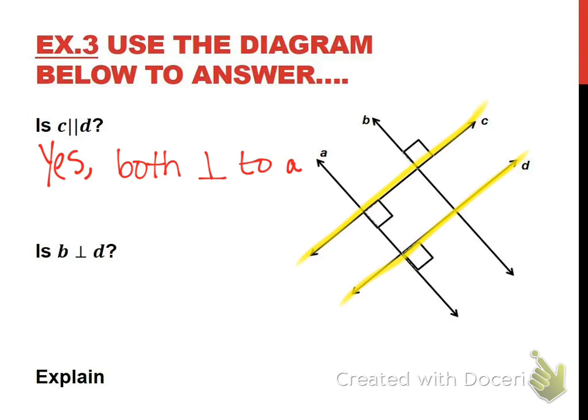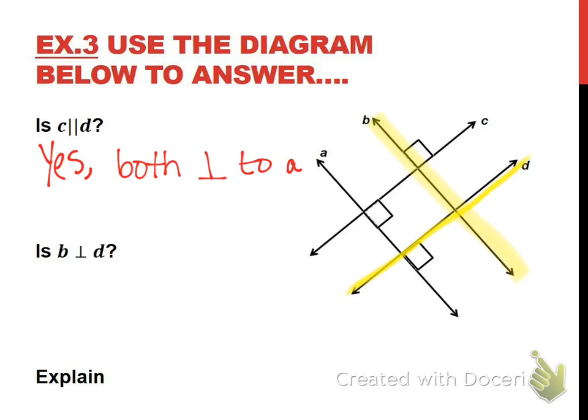Okay. Next up is line B perpendicular to line D? I think it is yes, but we have to have a reason for it. C is parallel to D, and C is also what to B?